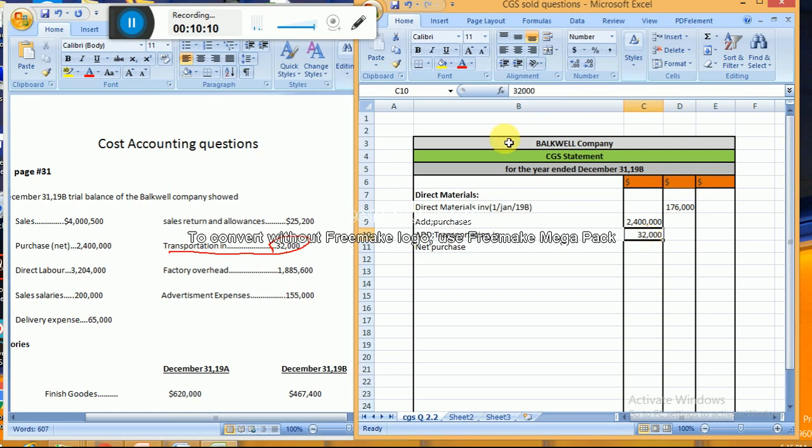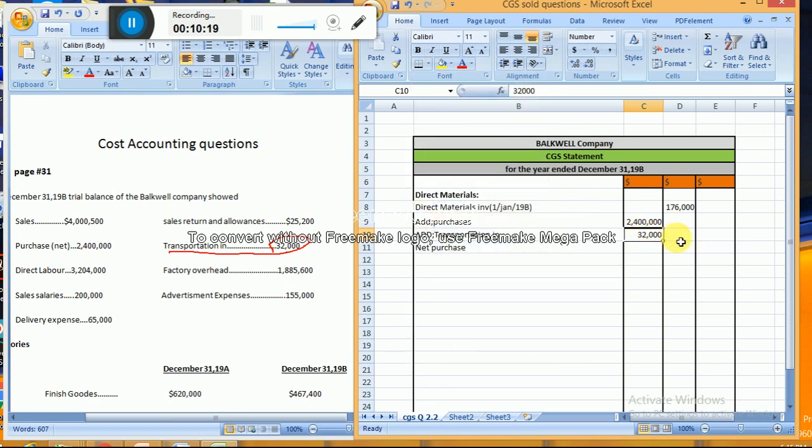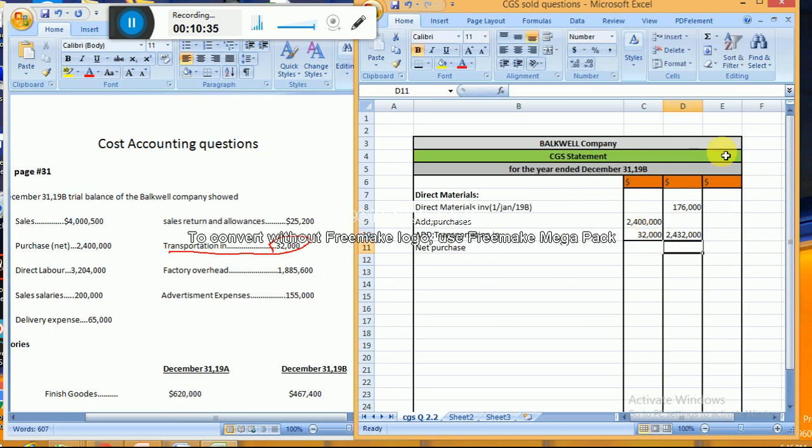Total net purchases equals the sum of the purchases plus transportation in. So our net purchases are $24,32,000.